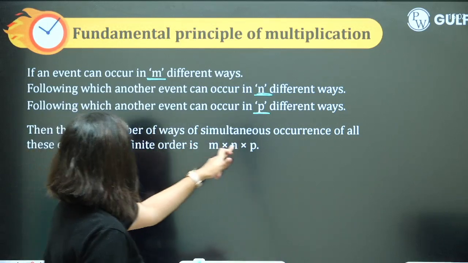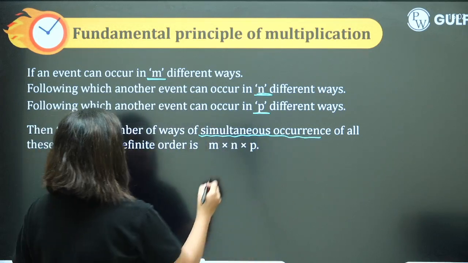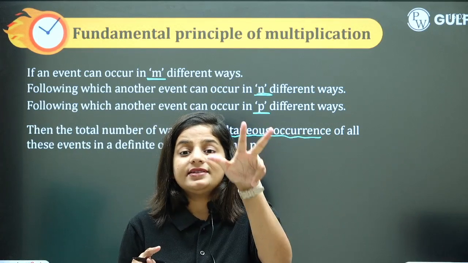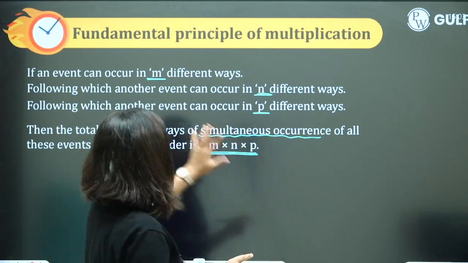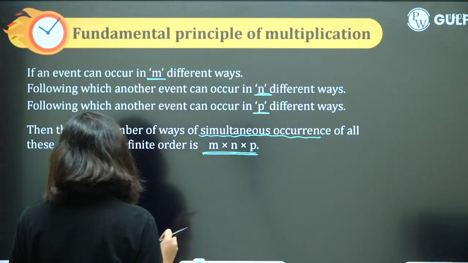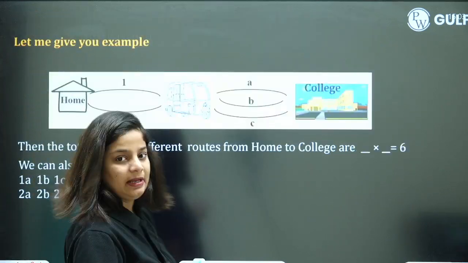So the total number of ways of simultaneous occurrence of all the events is m into n into p. In how many ways can all of them occur simultaneously? It's m into n into p. That's your fundamental principle of multiplication. Whenever you want to identify whether they are happening simultaneously or not, multiply them.